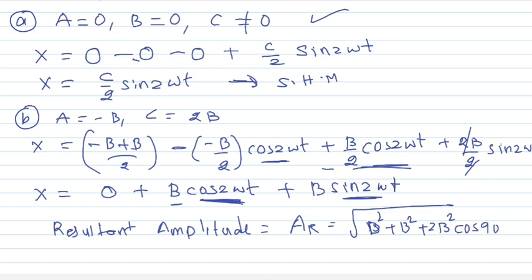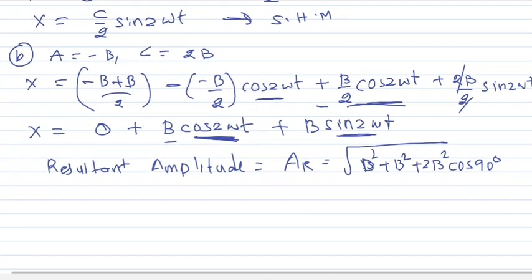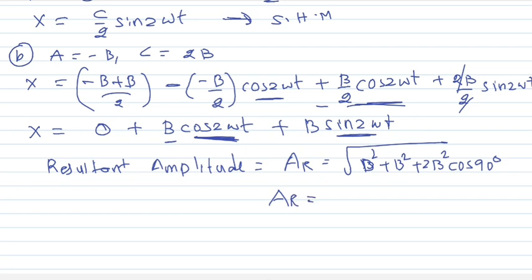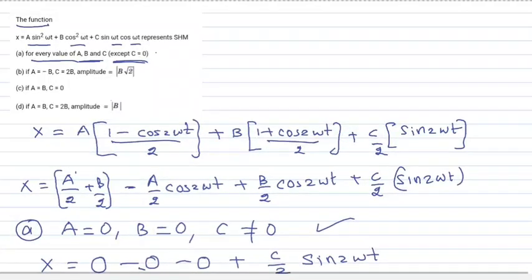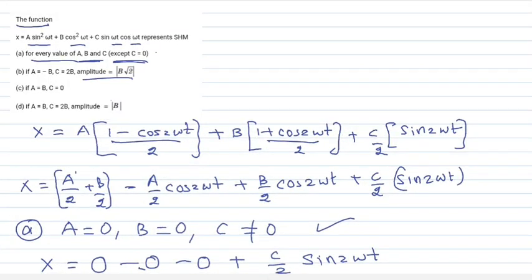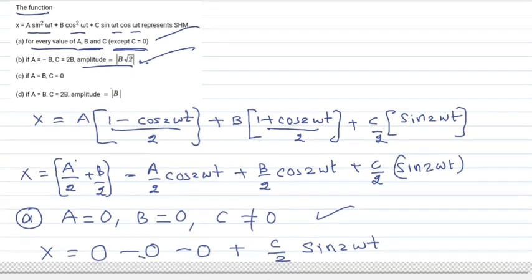So cos 90 is 0. We will be getting the resultant amplitude A_R is equal to root over b square plus b square. So this is root 2 b, or I can say simply b into root 2. So in option 2 we got amplitude as b root 2. So option 2 is also correct. Okay, next one.